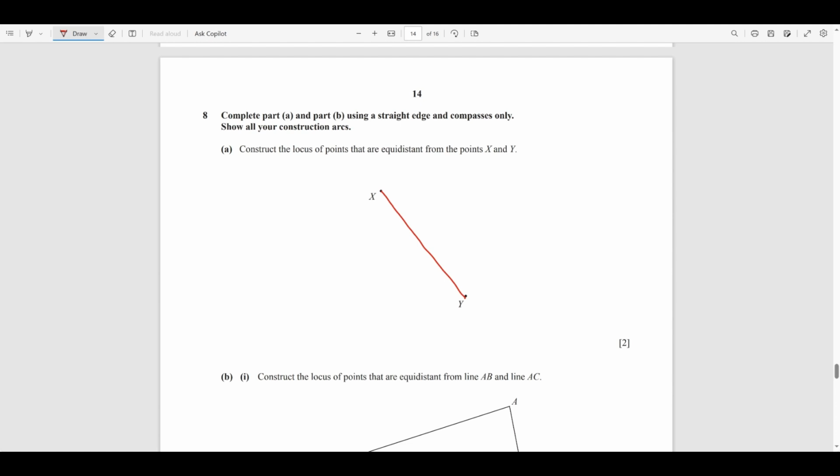So we need to open up our compass to more than half of the distance of X and Y. The reason is that when you open your compass to exactly half of the distance, your arcs are not going to intersect.